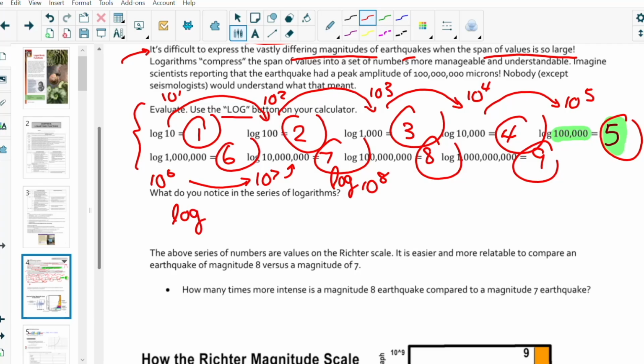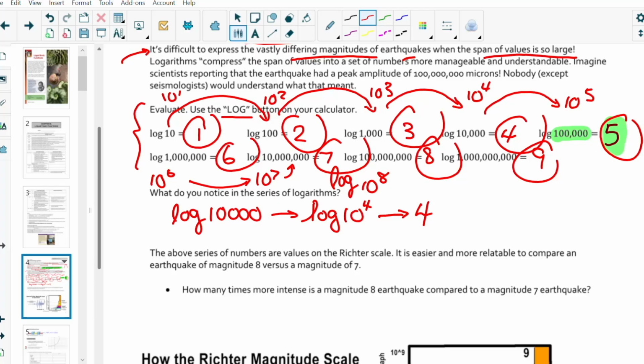Well, I pointed this out. If I take the log of 10,000, well, that's like saying the log of 10 to the 4th, right? 10 to the 4th is 10,000. Well, when I take the log, somehow I get the exponent in return. That's deliberate, right?